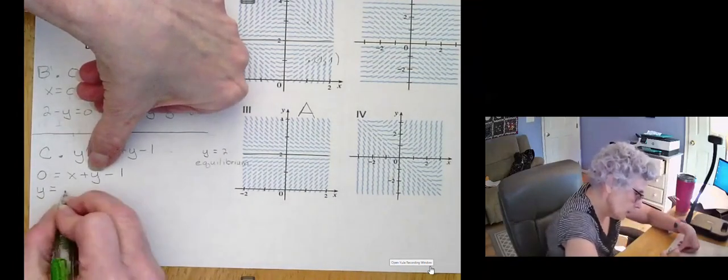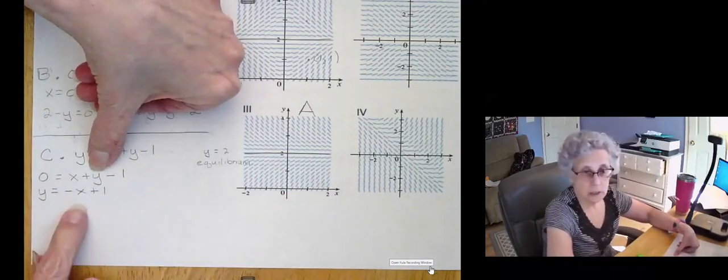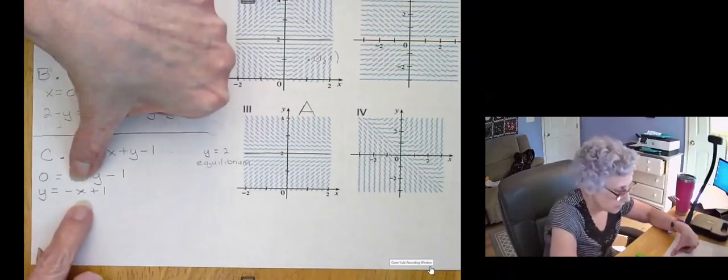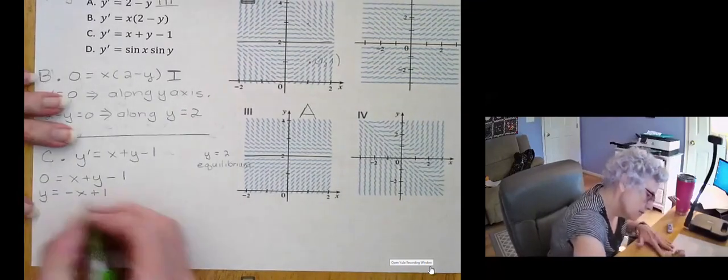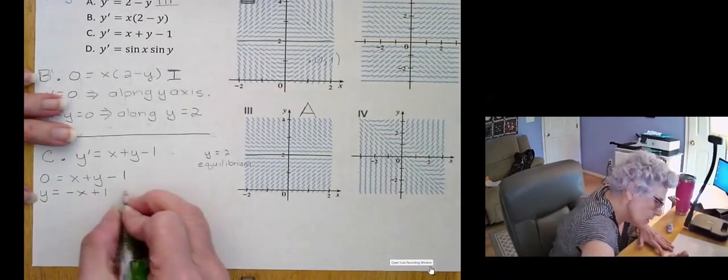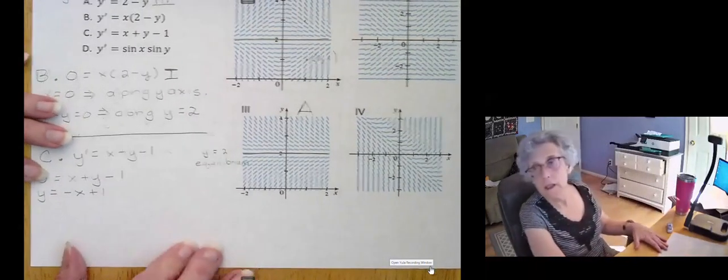Let's get it in y equals mx plus b form. So y equals, I'll leave y over here, I subtract x and add 1 to the other side. So y equals negative x plus 1. So I have flat lines along the line y equals negative x plus 1.